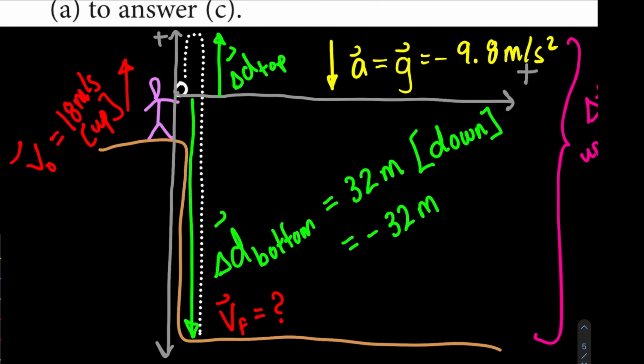In other words, the velocity at the top is going to be 0. So we're going to be able to use our equations of motion, knowing that at the very top the object is momentarily at rest. So velocity at the top will be 0.